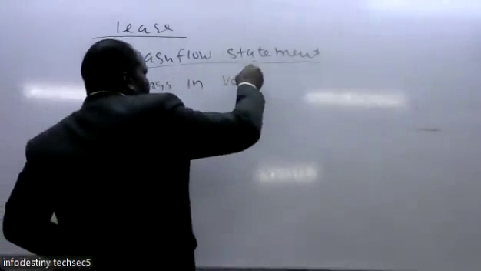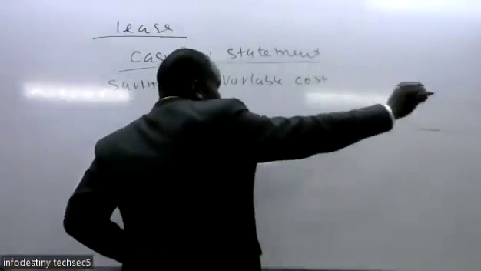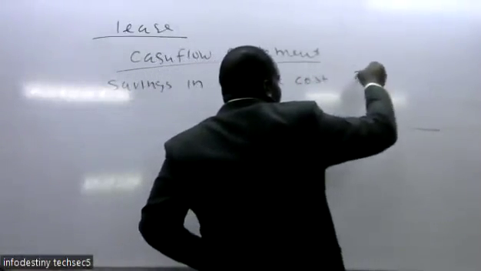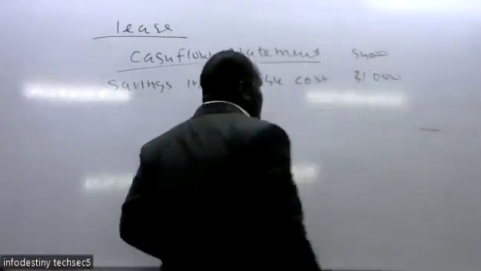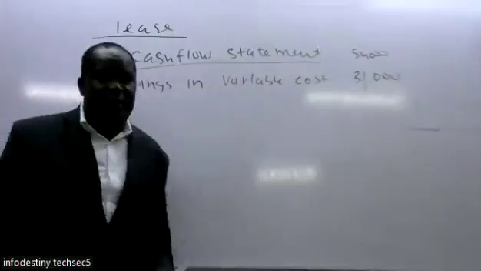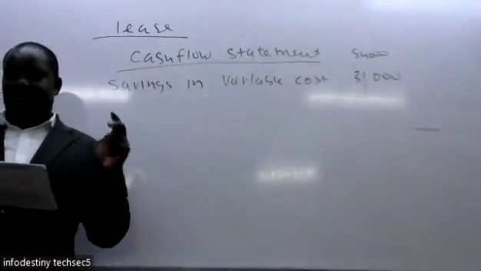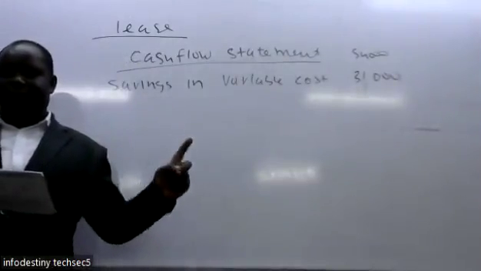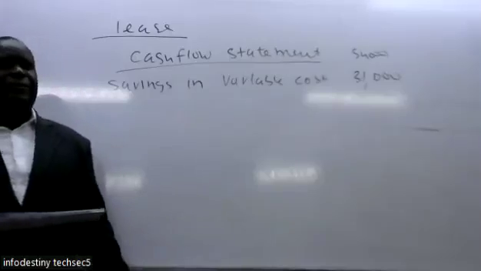Remember it was how much? It was 31. Whether you buy or you lease, there must be savings in the variable cost.